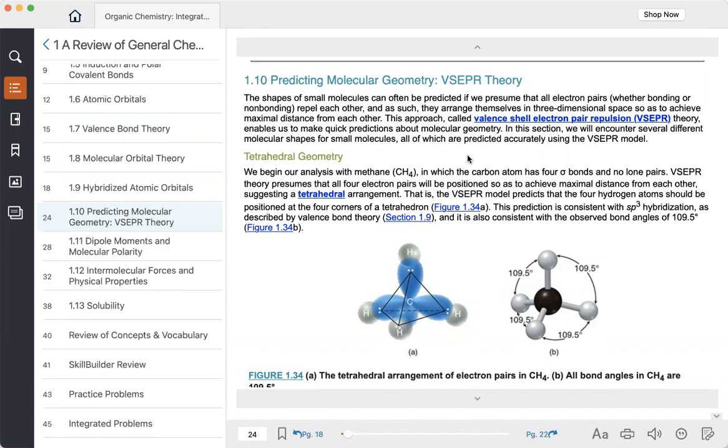So first, let's look at tetrahedral geometry. This methane molecule has 109.5 degrees between each of its hydrogens, just like we saw when we talked about the sp3 hybridization from before.